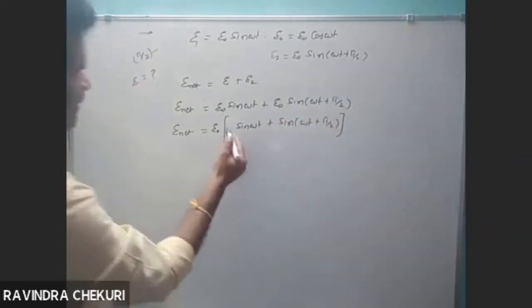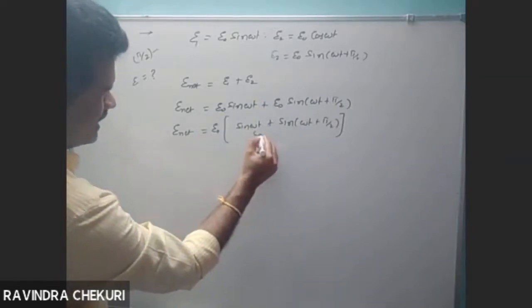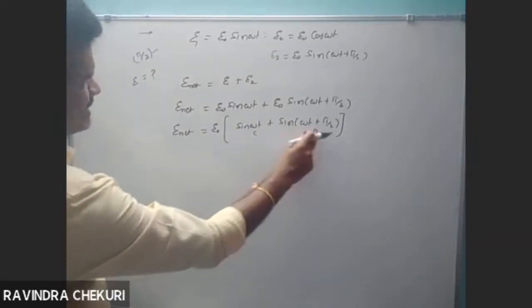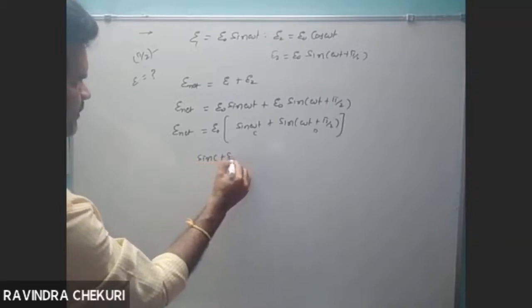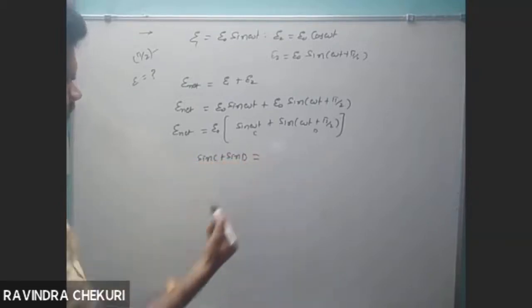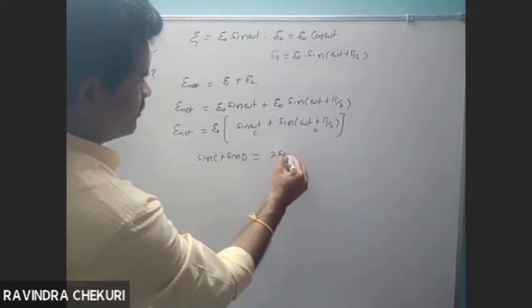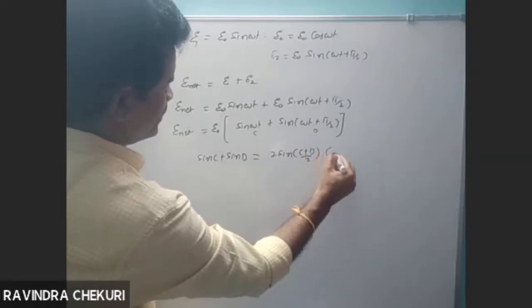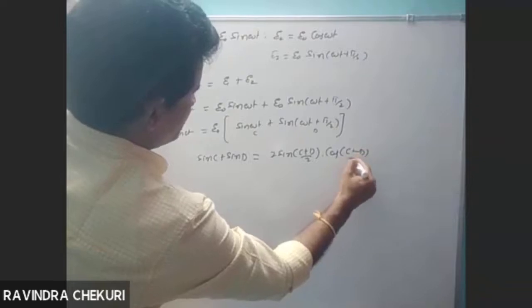Otherwise, if E naught is common, this angle is C and this angle is D. Sin C plus sin D is 2 into sin of C plus D by 2 into cos of C minus D by 2.